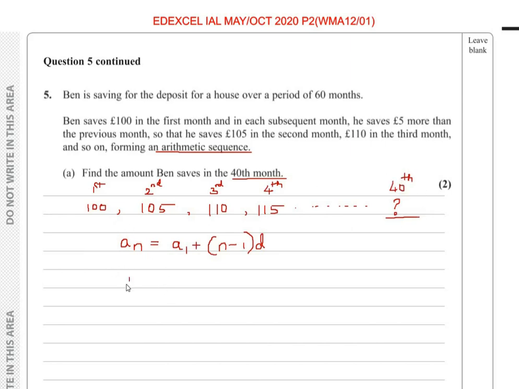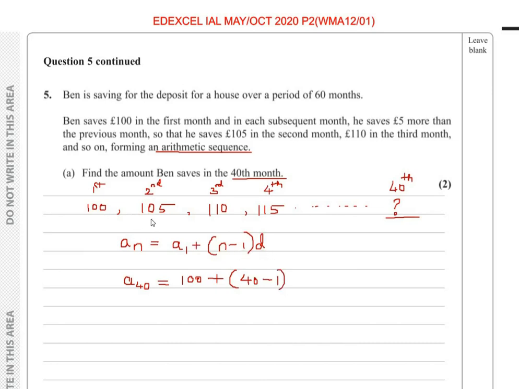So here it is A40 for the 40th month equals A1. A1 is your first number in the sequence. Here it is 100, plus n, since we took here 40 for the 40th month. So we are going to replace the n with 40. 40 minus 1, d.